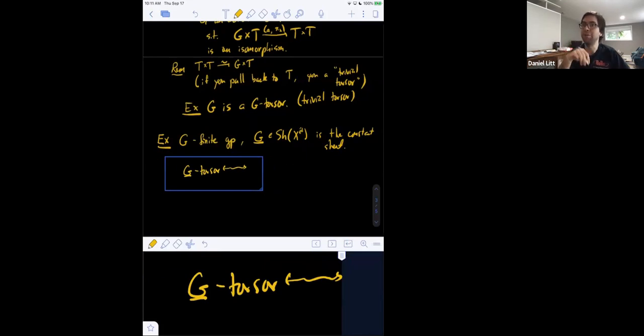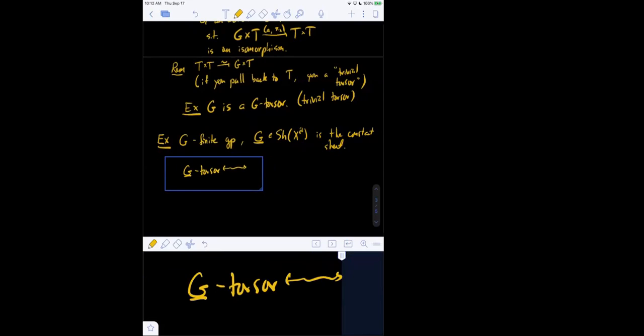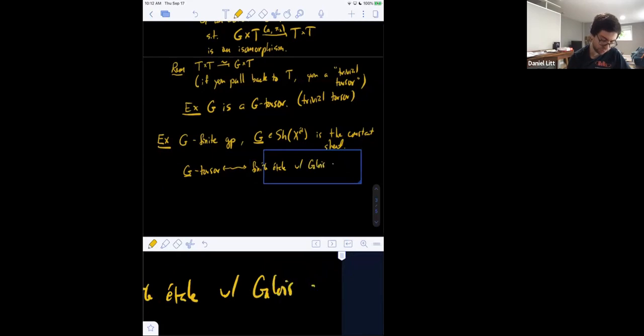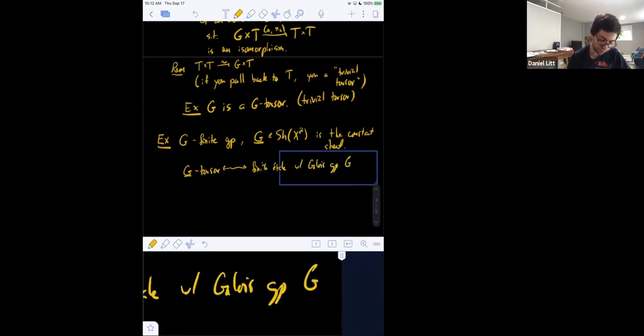Can anyone give me an example of a G torsor? Take a cover with Galois group G. Yeah, exactly. It's a finite étale cover. In fact, there's an equivalence of categories, which we'll see in a second, with Galois group G. If X is a smooth curve, you can think of that as a Galois extension of the function field with Galois group G, which is unramified everywhere.